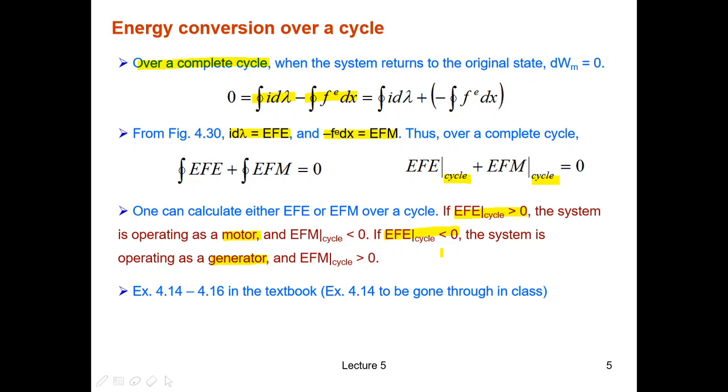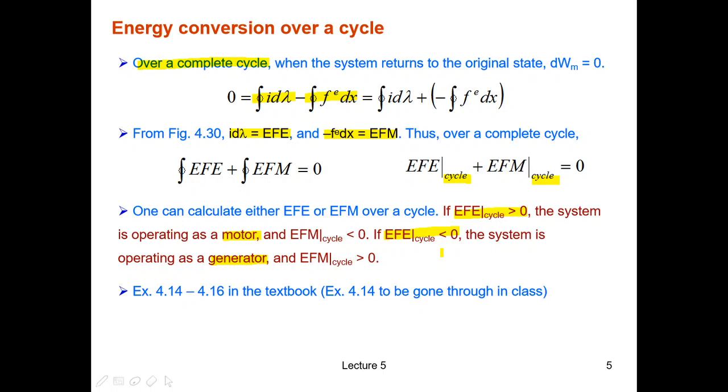It's pretty easy to remember. Energy from electrical: if it's positive, it means that the system is consuming electrical energy, so it should give mechanical energy, and that's a motor.